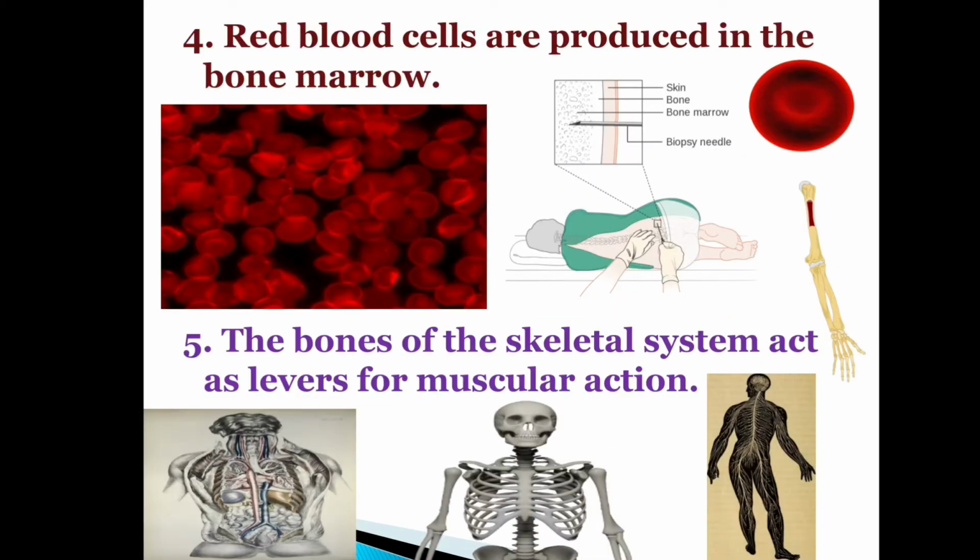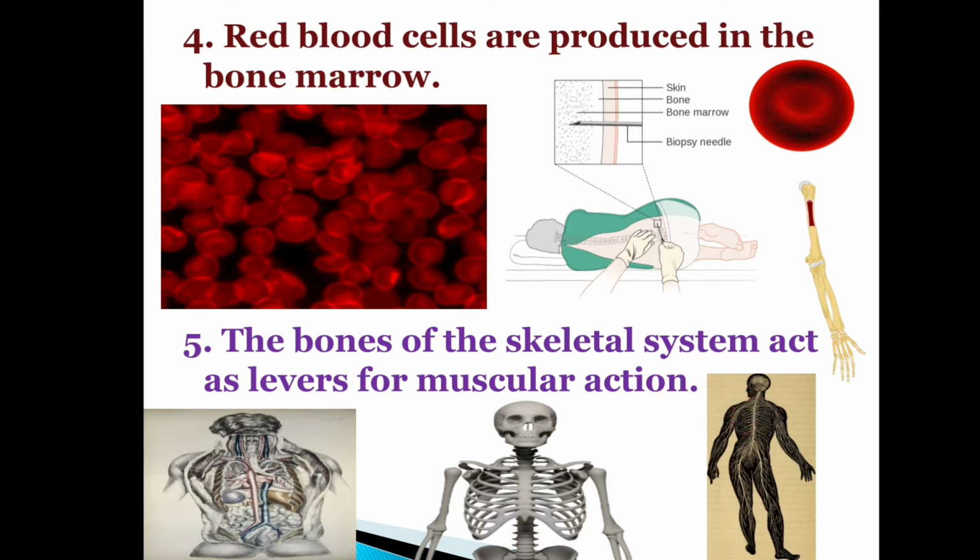Fourth function, red blood cells are produced in the bone marrow. Then the fifth function, the bones of the skeletal system act as levers for muscular action.